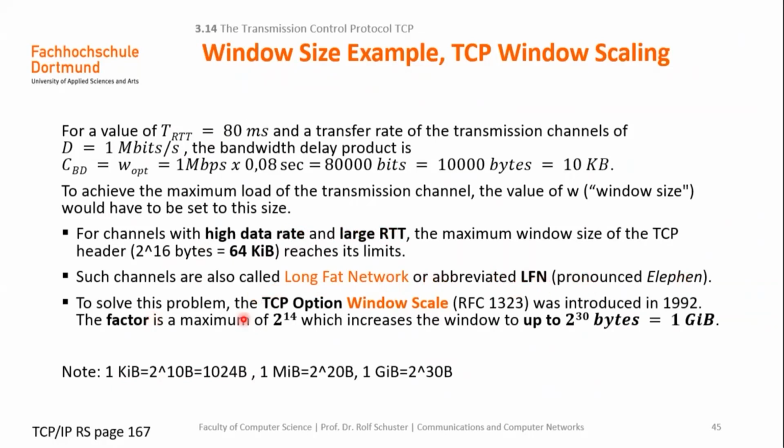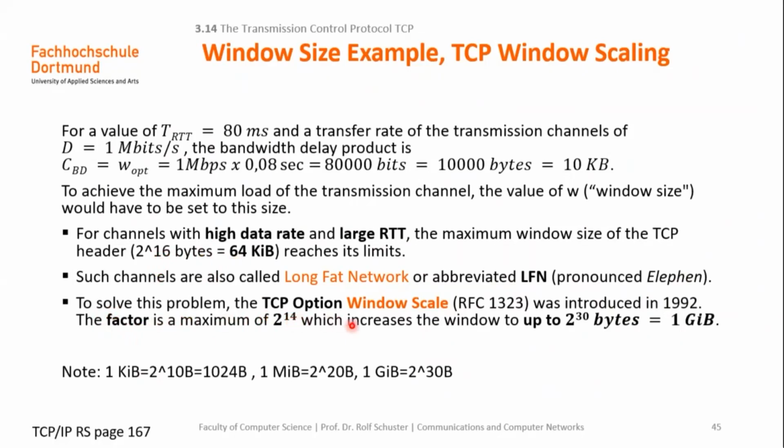To solve this problem, the TCP option window scale specified in the RFC 1323 was introduced in 1992. It allows a factor to use a larger window, larger than 16 bits, and we could use an additional 14 bits.